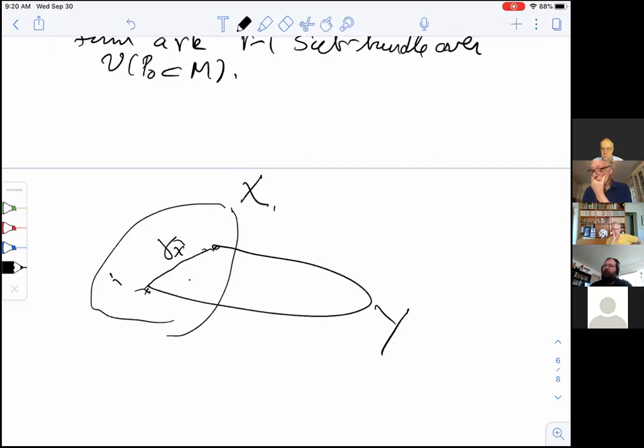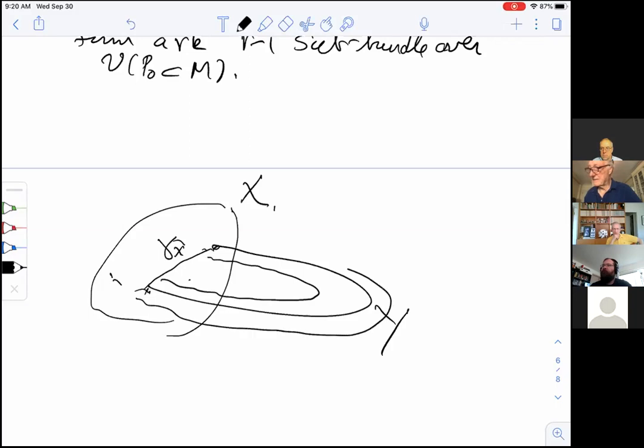All right, so I'm interested in P naught, and it looks something like this. The first part of the bundle is the normal bundle in x to gamma of x. So in this picture, it's a vertical bundle.